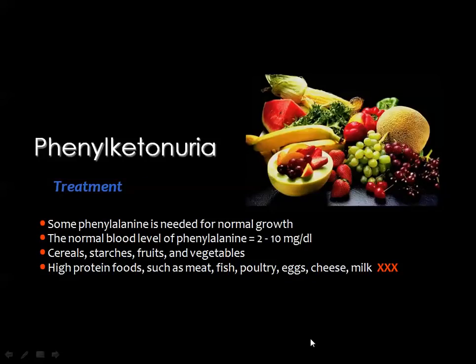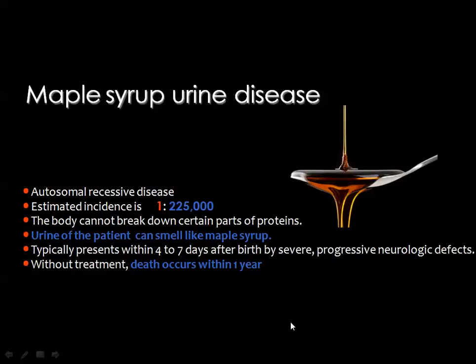And these patients should receive the needed phenylalanine, which is essential for growth. This is the normal blood level of phenylalanine, and these patients should have a lot of cereals, starches, fruits, and vegetables, and they should avoid high protein food such as meat, fish, poultry, eggs, cheese, and also milk.